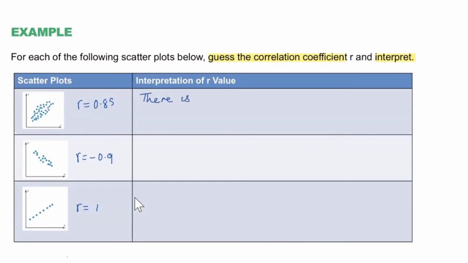There is strong, okay, it's close to +1. So yes, strong positive correlation between, make sure you write this, between independent and dependent variables.